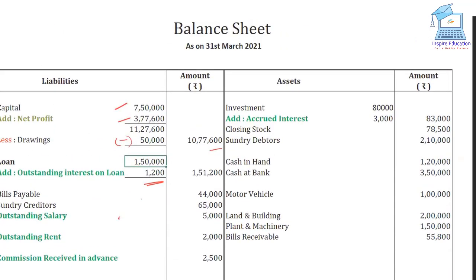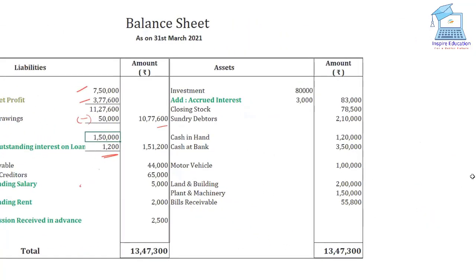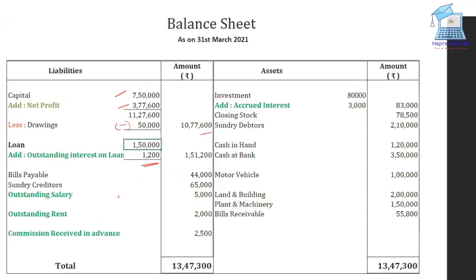Here is the loan amount. Loan 1,50,000, and then outstanding interest on loan 1,200, total 1,51,200 on the liability side. Bills payable, simply it is my liability, it is on the credit side.